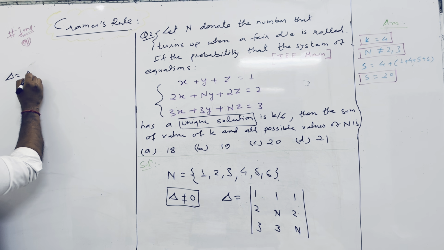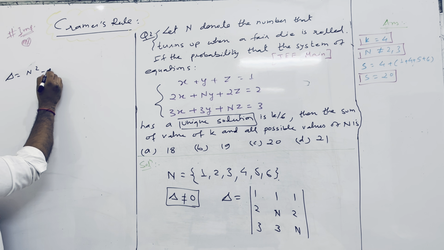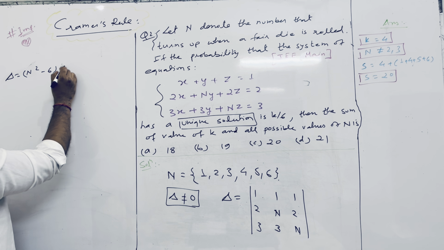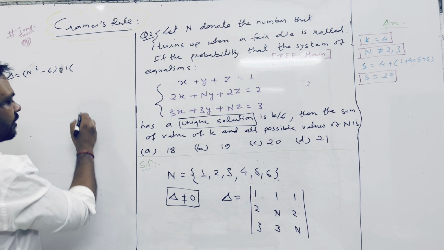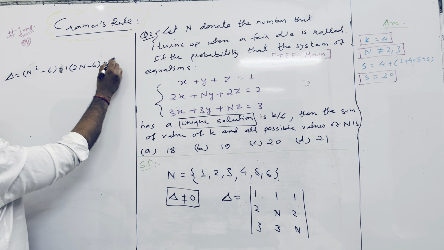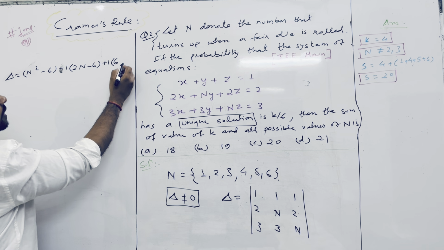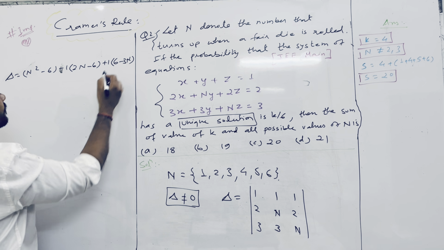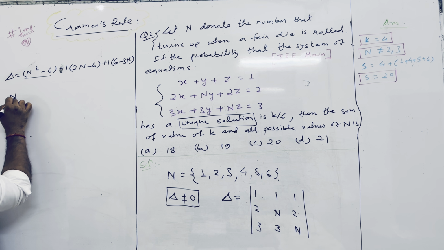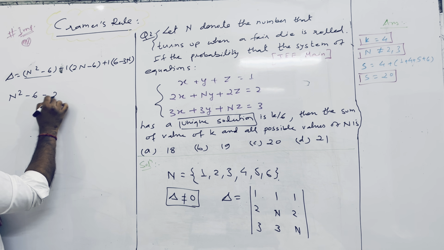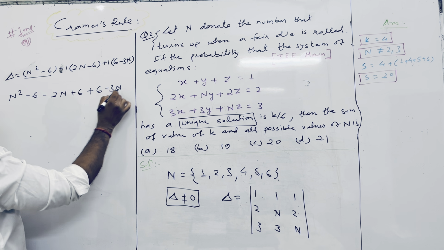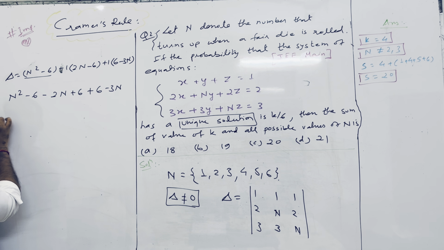So here I am writing n square minus 6, then minus 1, and then it will give us 2n minus 6, and then plus 1, that will give us 6 minus 3n. Now this implies n square minus 6 minus 2n plus 6 and then minus 3n. This is the value of del here, right?